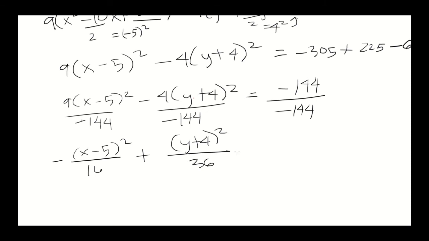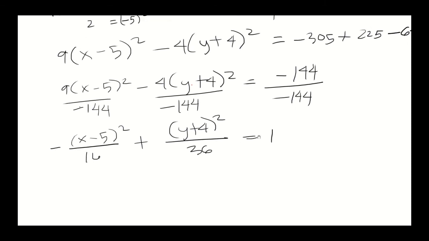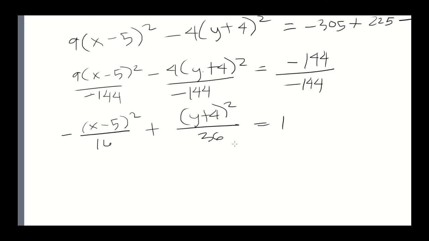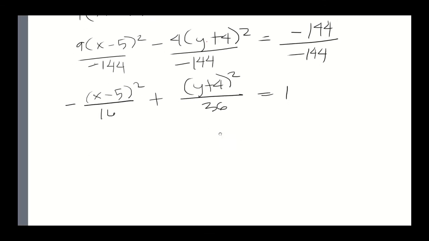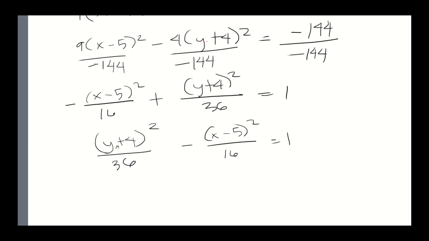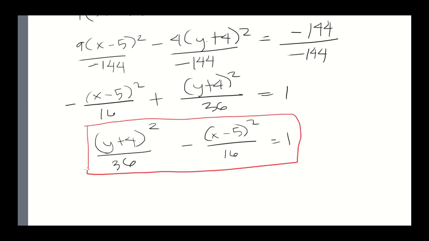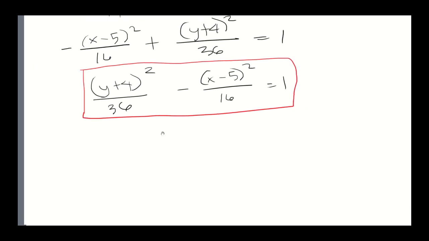Equals to 1. Also remember that it should be 1. So the major axis will be y: y plus 4 squared over 36 minus x minus 5 squared over 16 equals 1. Okay, so that is the standard equation.